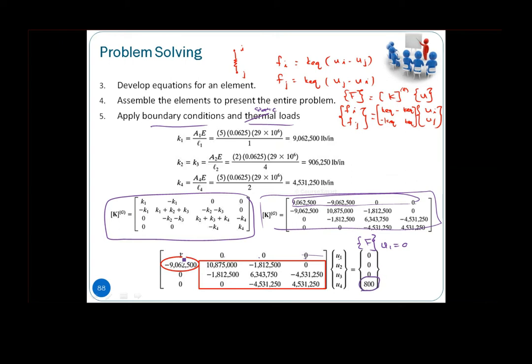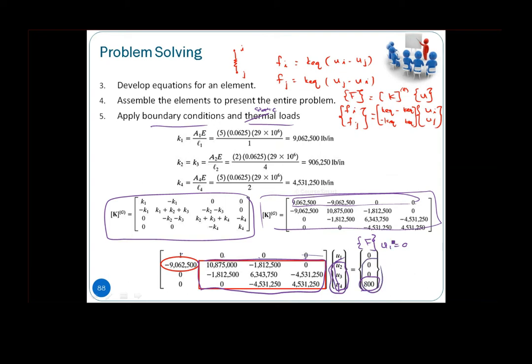If we have simplified this, then U1 we do not need to determine, and we only need to determine U2, U3, and U4. In that case, the 4 by 4 matrix will be simplified to a 3 by 3 matrix. So we only calculate here, multiplied with U2, U3, U4 equals 0, 0, 800.